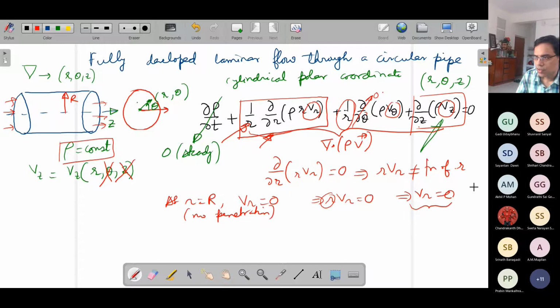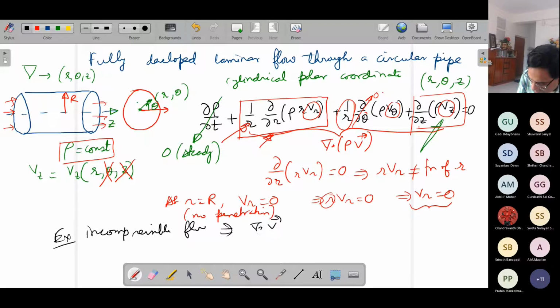So just consider another way of looking into it, say incompressible flow. Incompressible flow will have divergence of velocity equal to 0. This is the kinematic constraint. So in the cylindrical system, the rho will not be there.